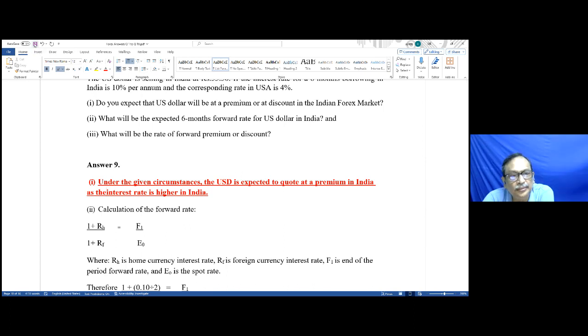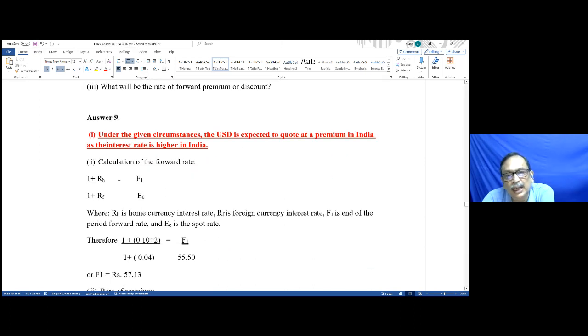is higher in India. Now, we can apply this formula: (1 + R_H) / (1 + R_F) = F_1 / E_0, where R_H is the home currency interest rate, R_F is the foreign currency interest rate, F_1 is the end of the period forward rate, and E_0 is the spot rate.